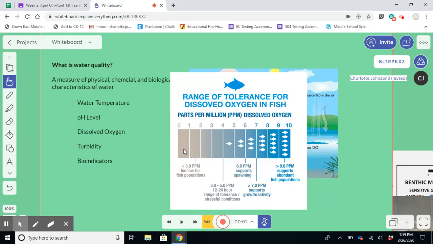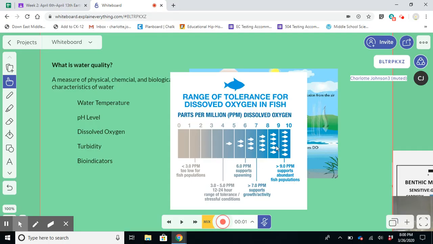So when you have more plant life, it's going to be beneficial, and you're going to have a higher rate of dissolved oxygen. So this is saying too low for fish populations in this range, but the more dissolved oxygen or parts per million, it's going to increase. And you can see around the halfway mark to 10, obviously 10 being the highest, it supports the most abundant fish populations.